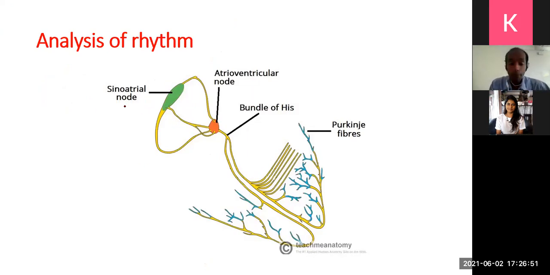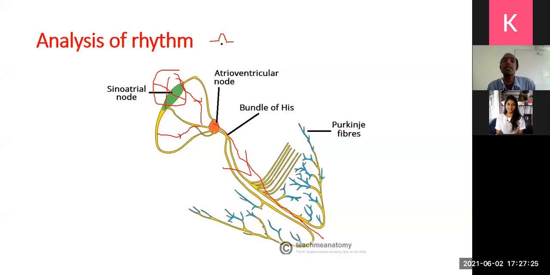Now say, for example, your main electrical activity is starting there. So what is this? A sinus rhythm. The current goes very nicely along the atrium into the AV node and then down. No problem, no issue. So if you draw this ECG, now I want all of you to draw it. You get a normal P wave. What does the P wave represent?